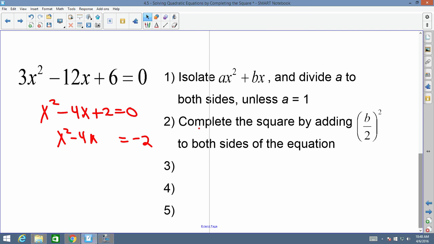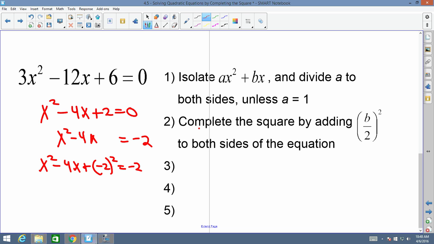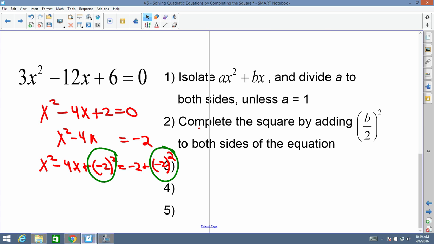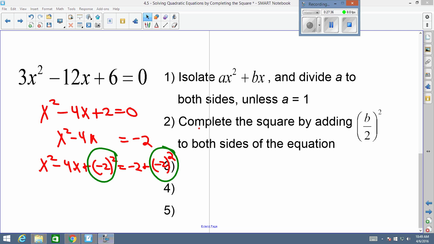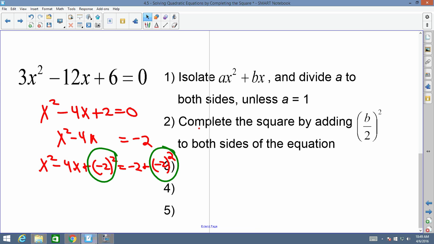So I have here x squared minus 4x plus negative 4 over 2 squared equals negative 2 plus negative 4 over 2 squared. I added the b over 2 squared to both sides. Does everyone see that, my brothers? Okay. All right, so I added that b over 2 squared to both sides.